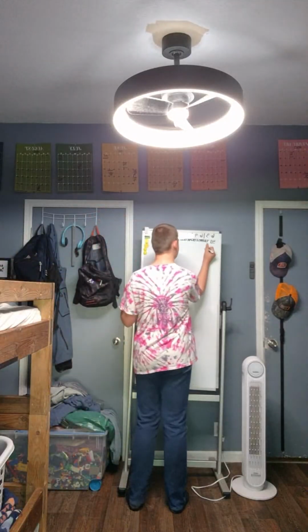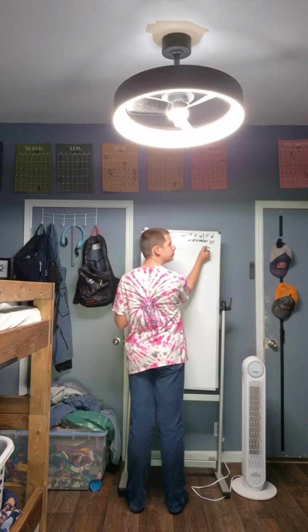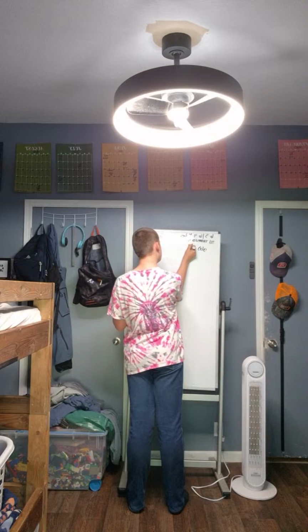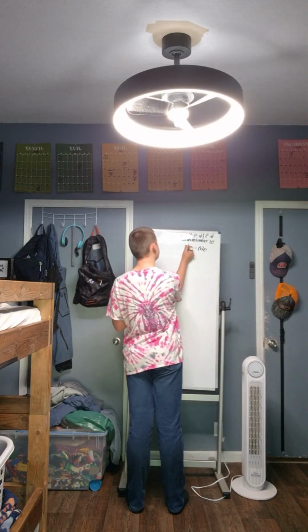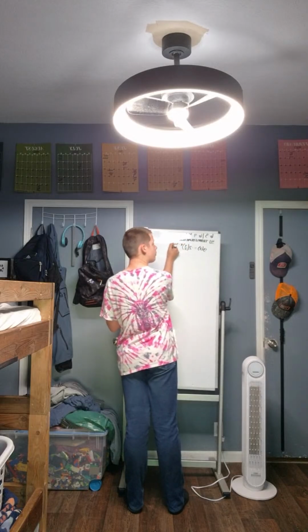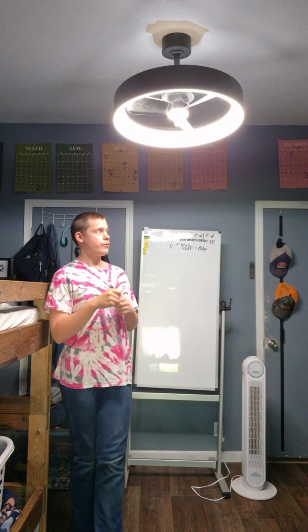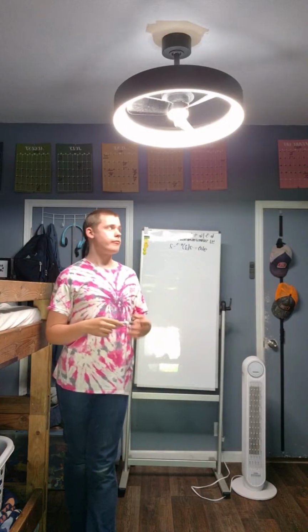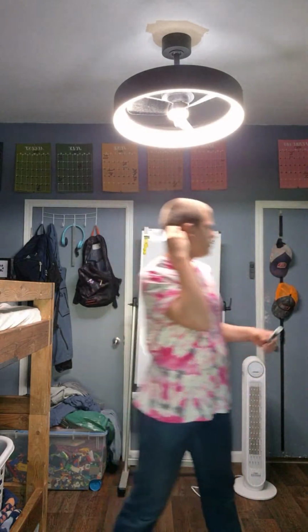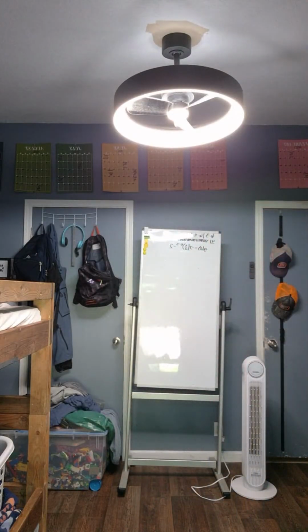So graph g of x equals negative 2 times 1 over 2 to the power of x minus 3, minus 2. Okay. One moment.